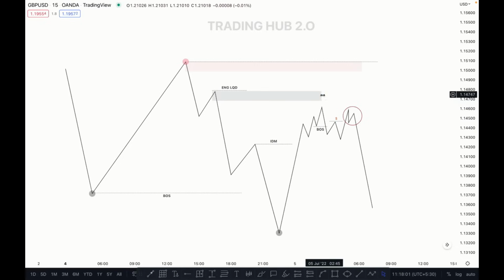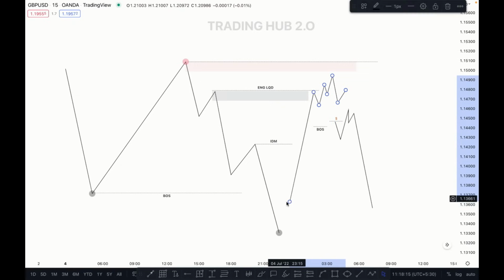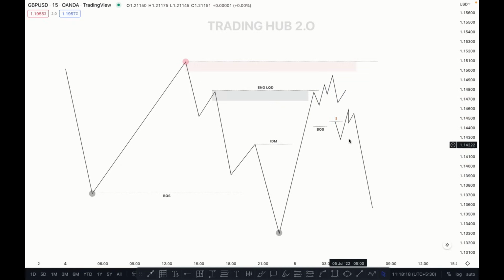The same thing applies here. After taking out this high, which is here, which is the engineering liquidity, if the market wants to go downside and the supply zone is here, then what criteria should you follow? The same thing will apply here, like this, correct?